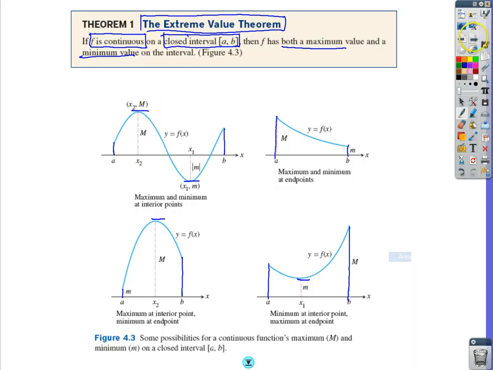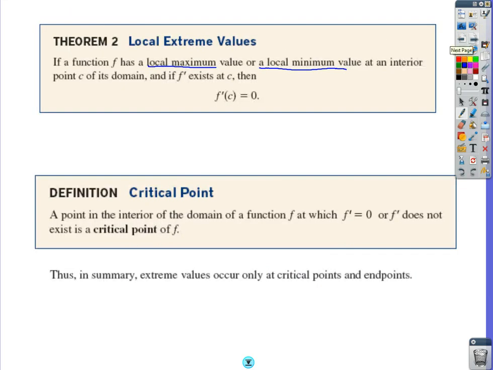So the interior local extreme value theorem says that if I have a local maximum or local minimum value at any interior point of its domain, which is very key, and if f prime exists, then f prime will equal 0. I can change it around.